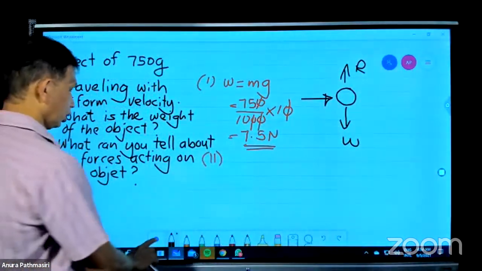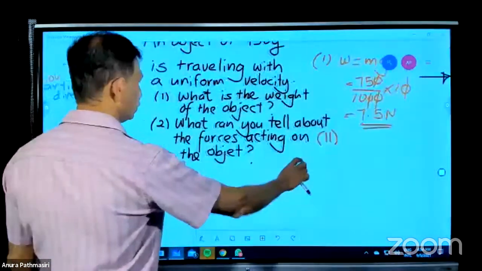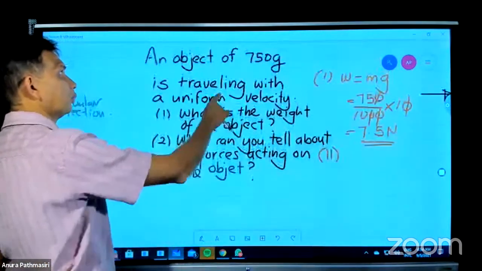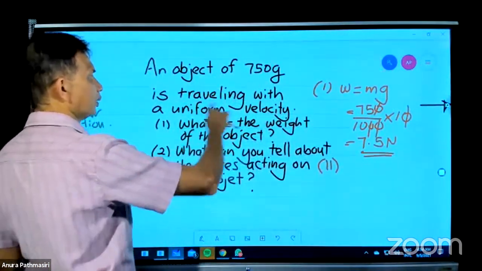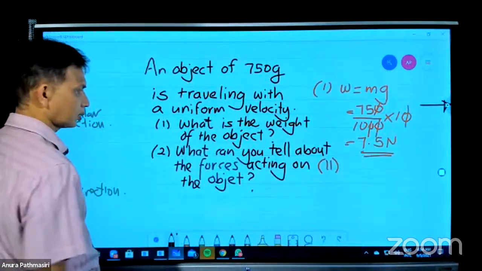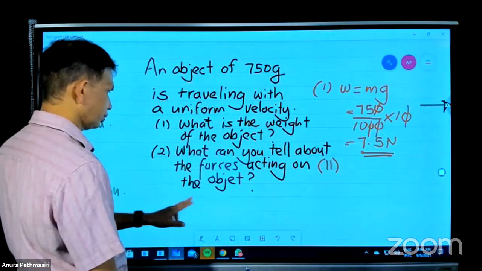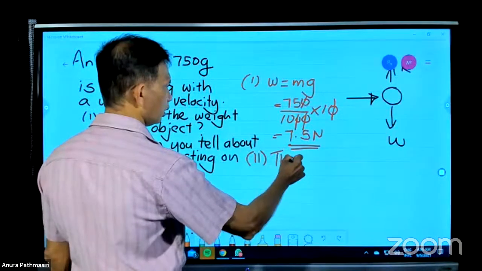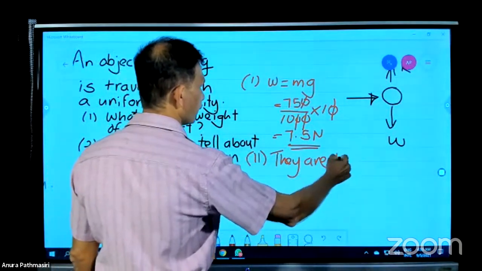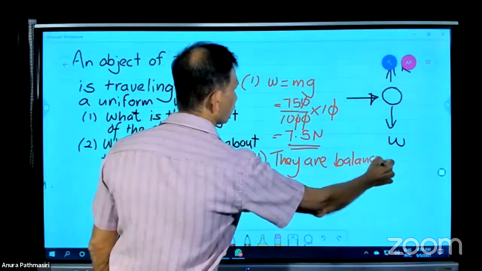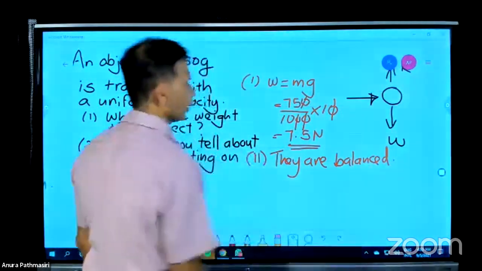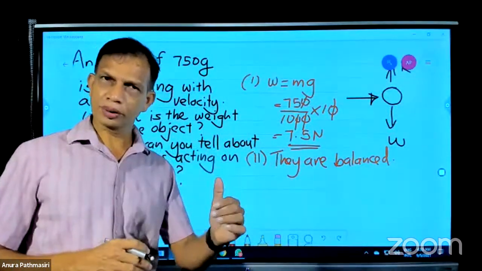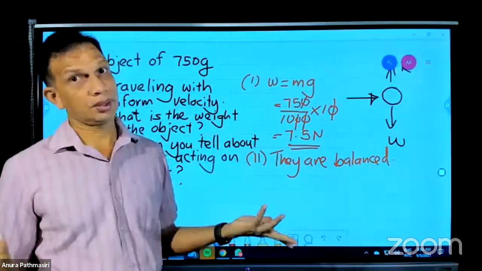Therefore, what can you tell about the forces acting on the object when the object is traveling with a uniform velocity? Yes, the answer is they are balanced. That means the resultant force on the object is zero.